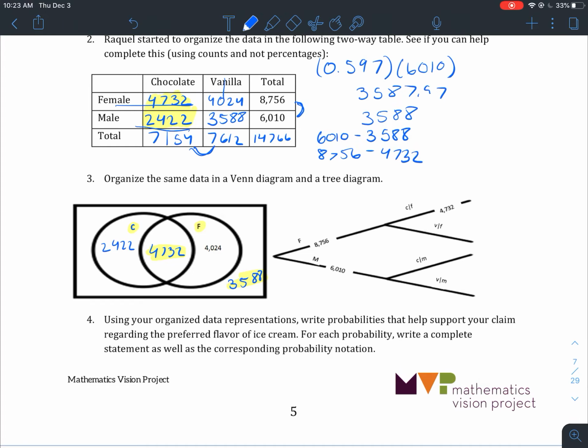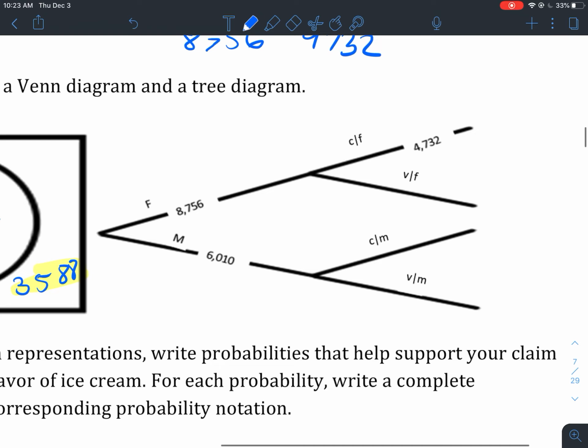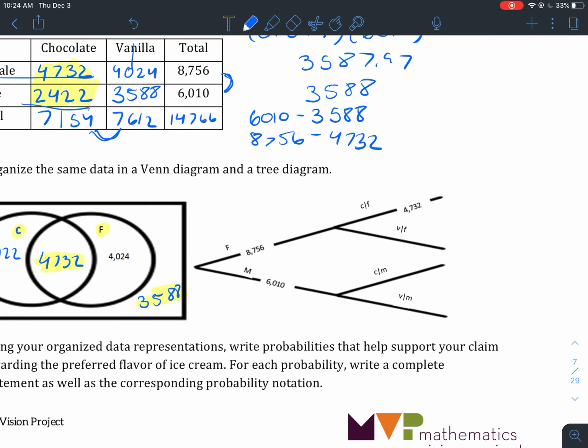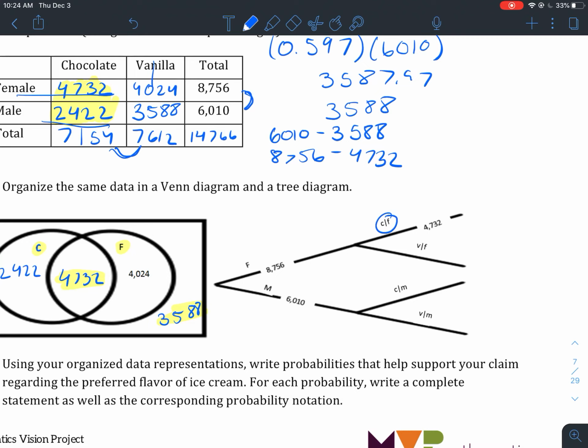Now we've got our tree diagram. We kind of dealt with tree diagrams before. First it splits into males and females, right? Then we have chocolate given that they're female, which is that 4,732. Well, then we need to know how many people chose vanilla given that they're female.